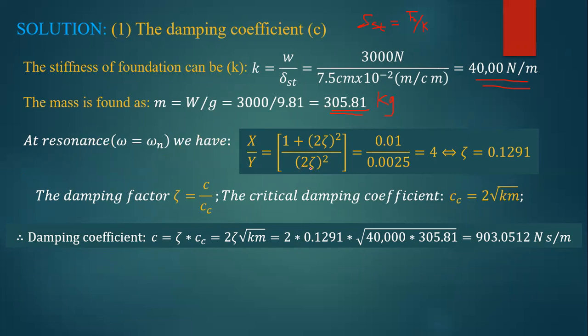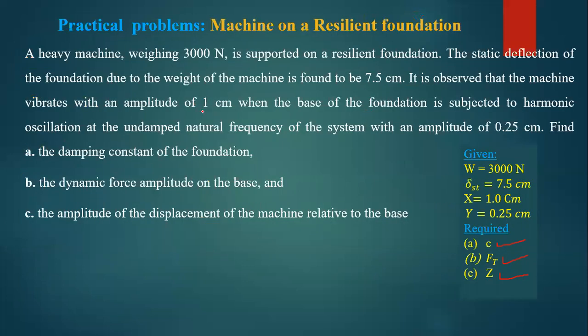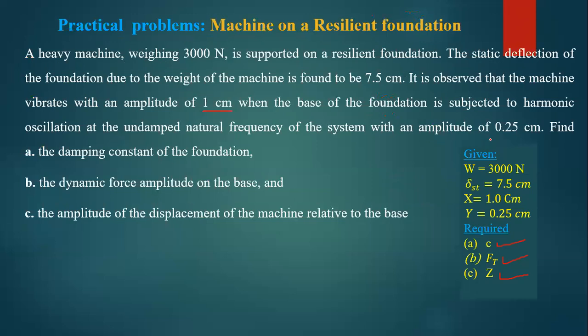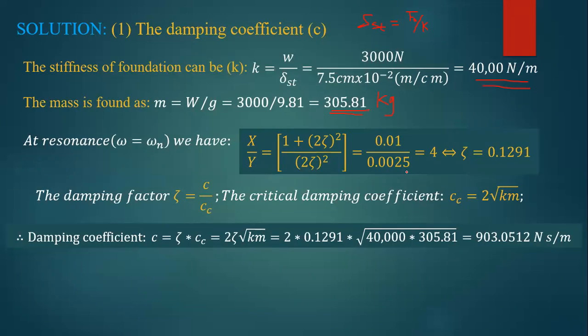X is 0.01, that is 1 centimeter, and Y is 0.25 centimeter. Substituting these values, 0.01 over 0.0025 is equal to 4.